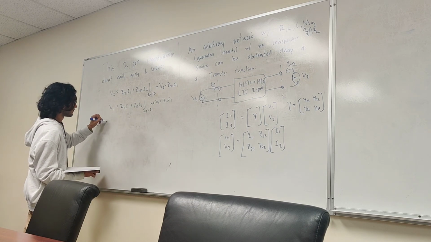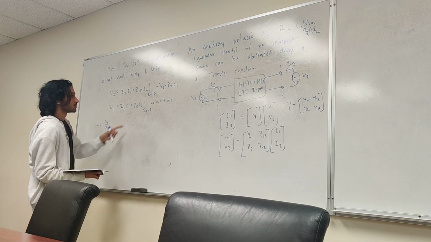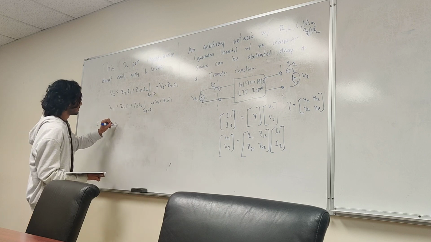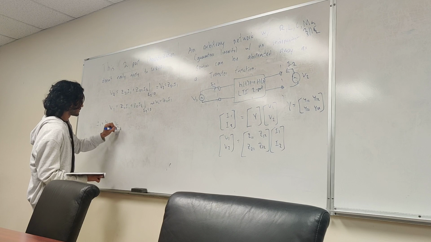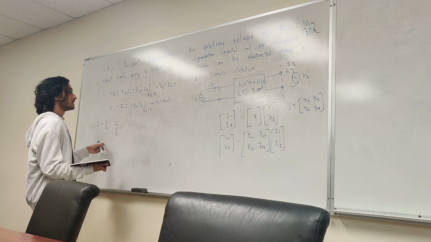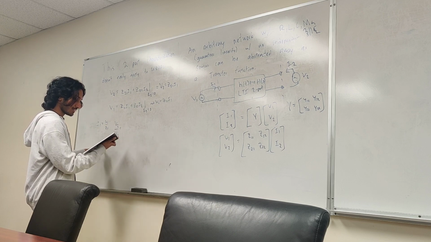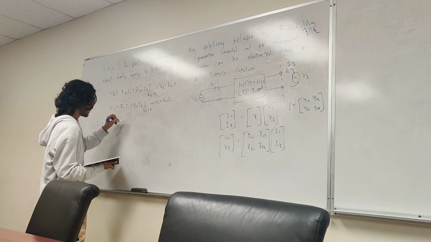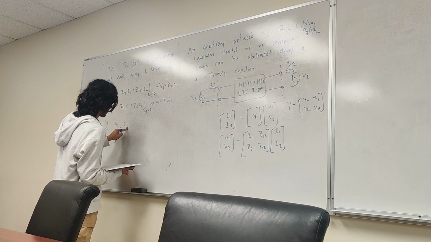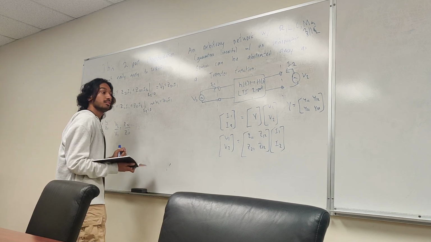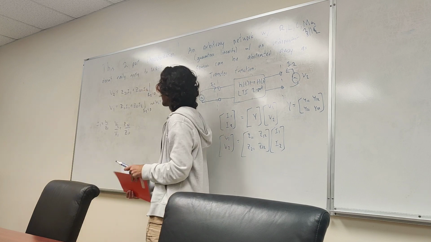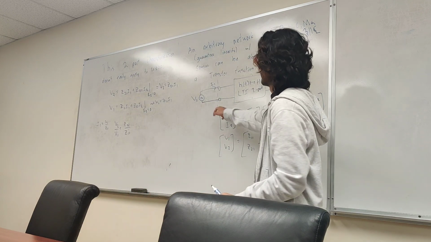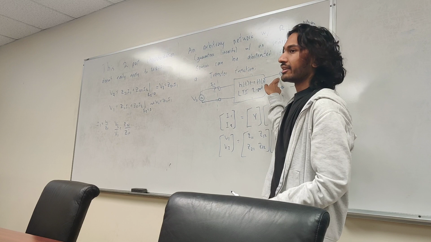So I1 is going to be equal to V1 over Z11. If we plug that back in over here, we get that V2 over V1 is going to be equal to Z21 over Z11. Now, V2 over V1, you can think of that as the gain from here to here, right?